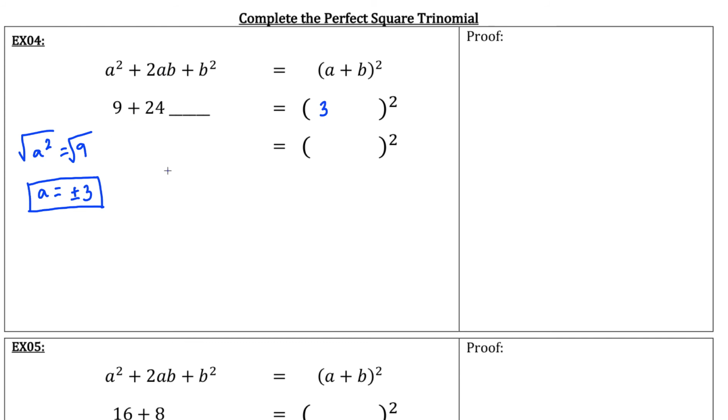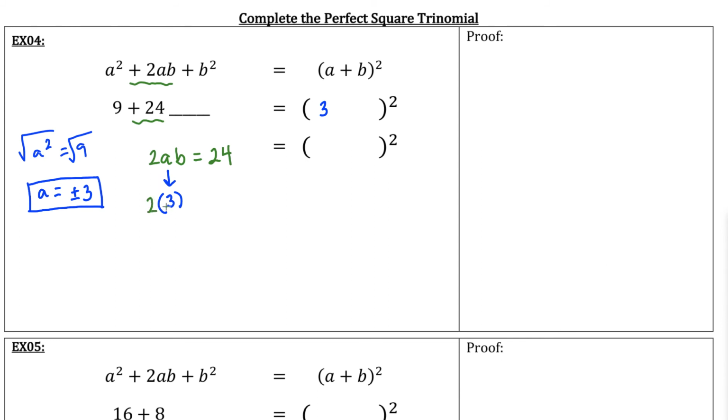And I know that 2ab is 24. But I also know that a can be positive 3 or it can be negative 3. I want to make it positive 3 in this case.